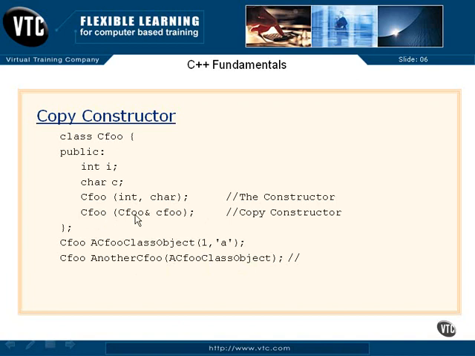It's yet another constructor, and it has this same kind of a reference here for cfoo, and we put in the simple, basically C code that will perform the assignment that we need, that will get the integer, in this case very simple, the integer and the character out of the source, the acfoo class object, and put those values into the data members of this another cfoo that has just been created here. So that's a copy constructor, and this is what the declaration of the copy constructor looks like.